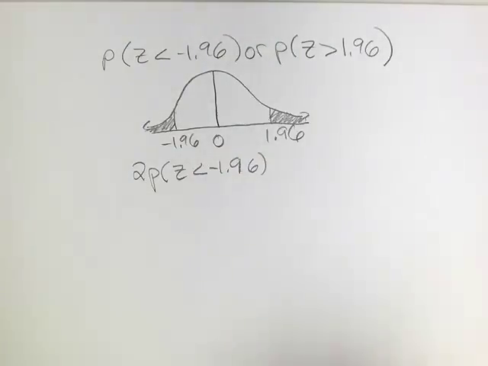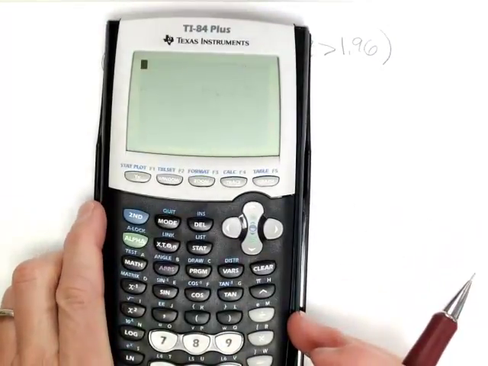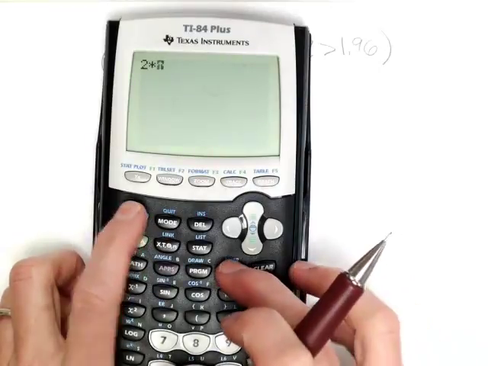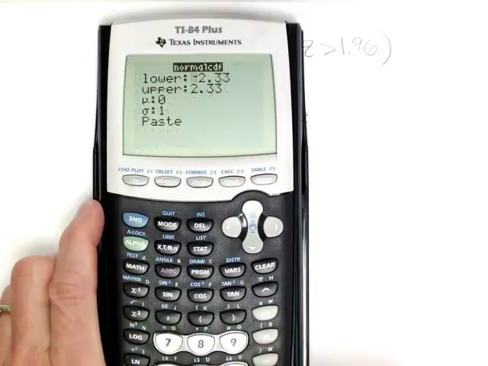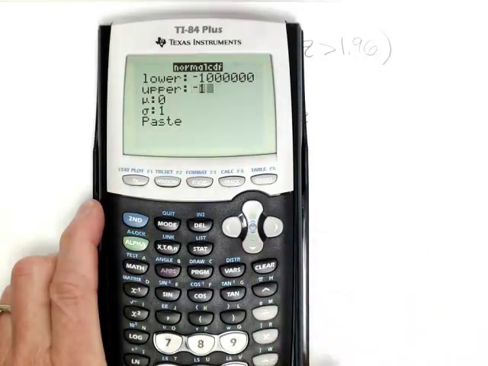Okay, so I can go ahead and get that in the calculator in one step. I can go 2 times the probability. Okay, so normal CDF. My lower bound is a really small number. My upper bound is negative 1.96.